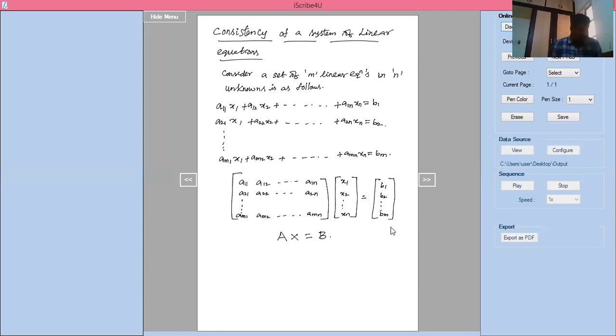Now we'll write the augmented matrix. What does augmented matrix mean?